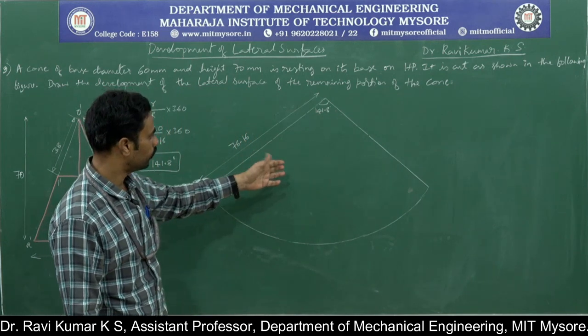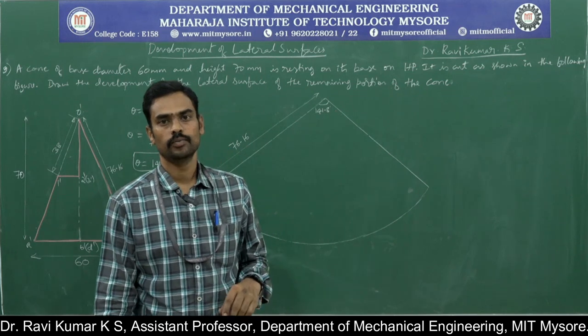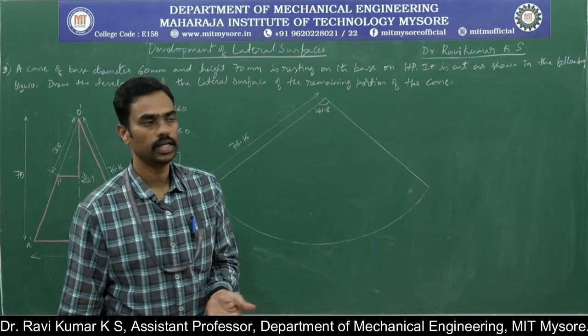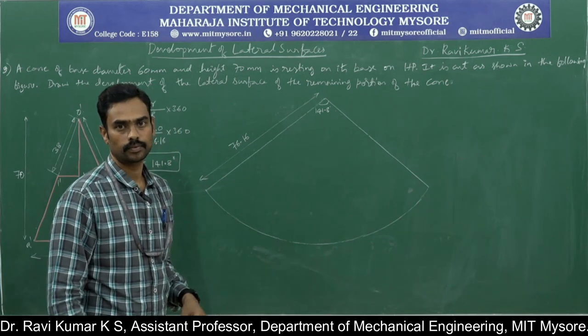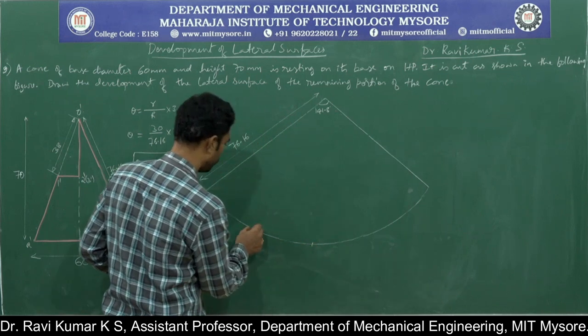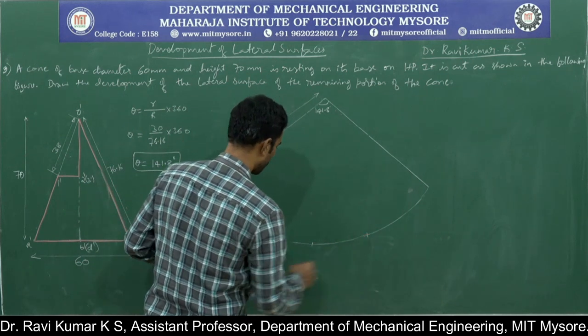How to divide this into 4 equal parts? 141.8 is the angle, divided by 4. Whatever that angle is will be the first division. Similarly you can divide into any equal number of parts.